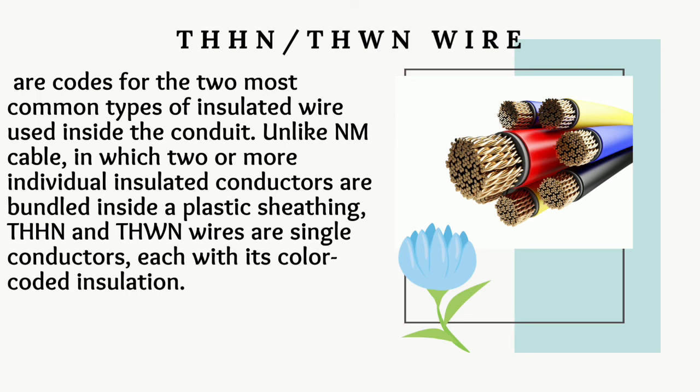These are the codes for the two most common types of insulated wire used inside the conduit. Unlike NM cable, in which two or more individual insulated conductors are bundled inside a plastic sheeting, THHN and THWN wires are single conductors, each with its color-coded insulation.